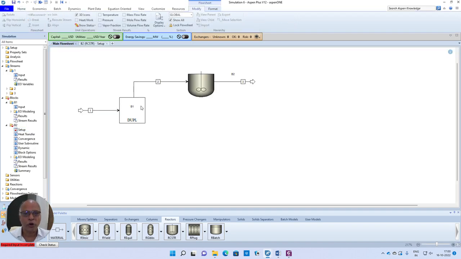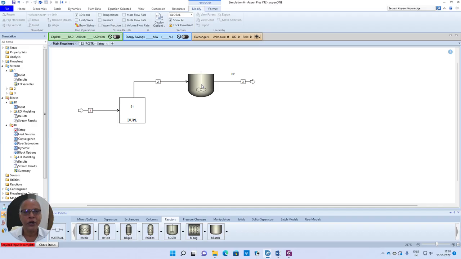But the problem here is this model is going to operate in rating mode. What do you mean by rating mode? Given the input streams, operating conditions and equipment parameters, we will be able to calculate the output. But we know the output, that means we wanted to get 60% conversion and we are required to calculate the volume. This is not possible in any rating model.